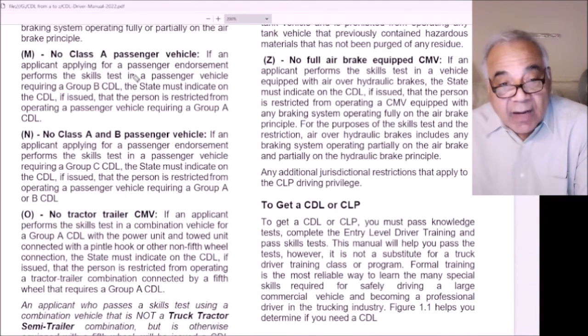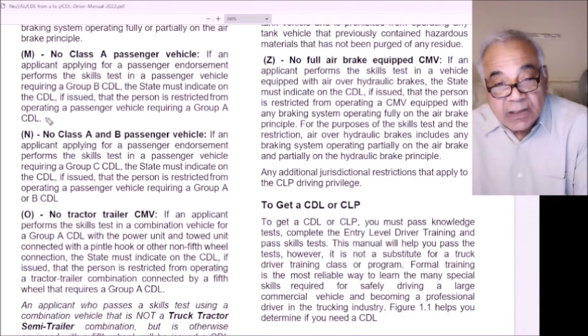If an applicant applying for a passenger endorsement performs the skill test in a passenger vehicle requiring a Group B CDL, the state must indicate on the CDL, if issued, that the person is restricted from operating a passenger vehicle requiring a Group A CDL.